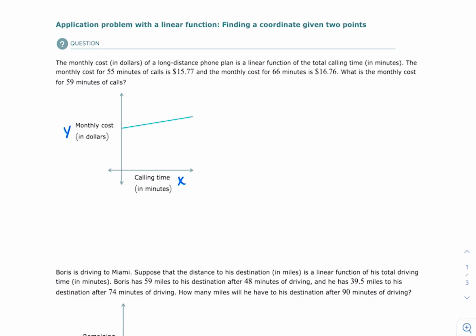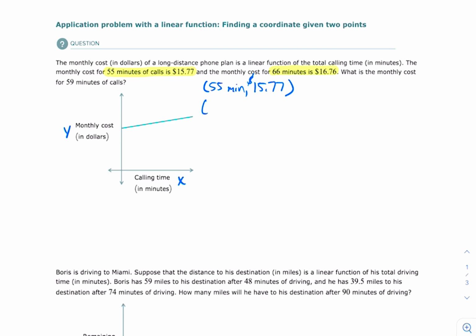Okay. So if I'm reading through, it says that the monthly cost for 55 minutes of calls is $15.77. So as a point, that would look like 55, comma, 15.77. Okay. And then for the next one, we have 66 minutes is $16.76.